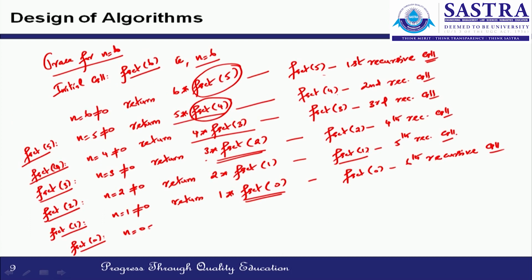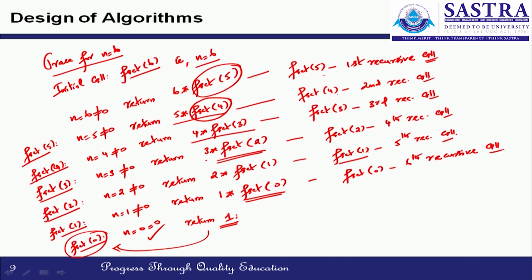Since n is equal to 0, the condition is true. So fact of 0 is evaluated, the value is 1, return 1. Fact of 0 simply returns a value 1 to the calling place.